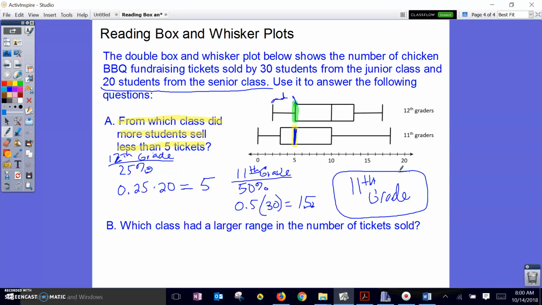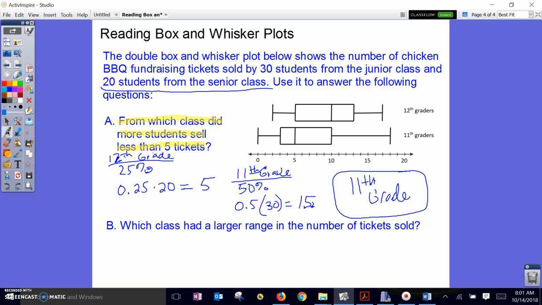All right. Part B, which class had a larger range in the number of tickets sold? And here we don't even really need to do any kind of calculation. We can see it right in the double box and whisker plot. The range of a data set is represented by the distance from the maximum to the minimum.